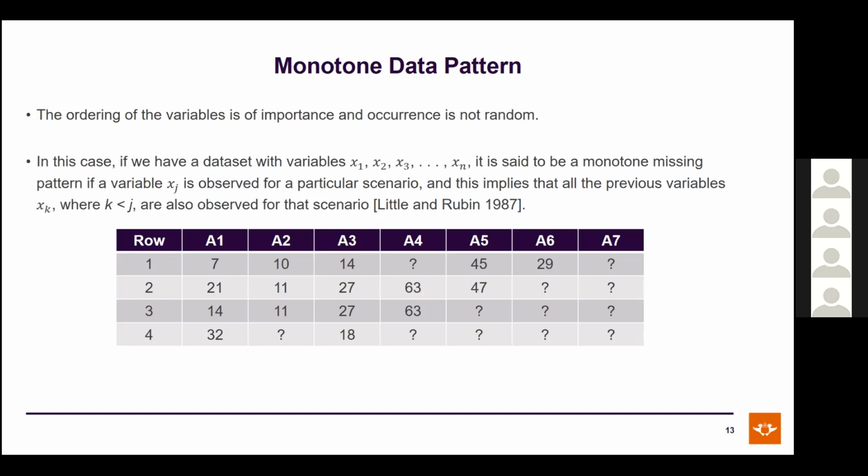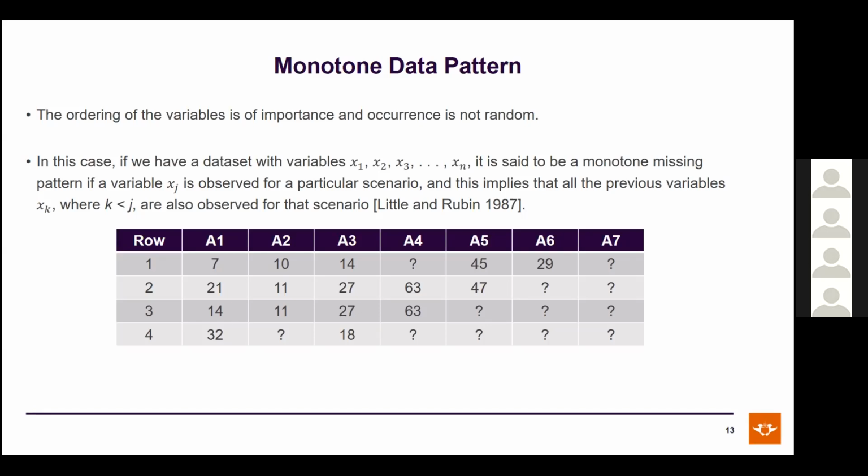So in this case, for example, if we have a data set like the one below, it is said to be a monotone missing data pattern if, let's say we take the missing data from A4 to A7, the variable A3 is observed for a particular scenario, which basically implies that all the previous variables are also observed.